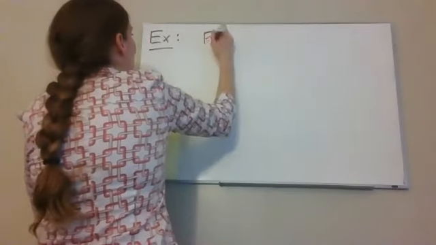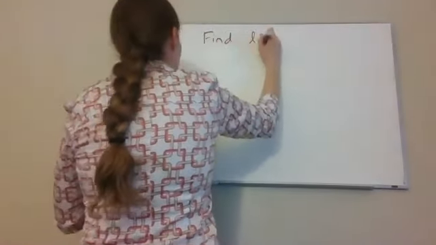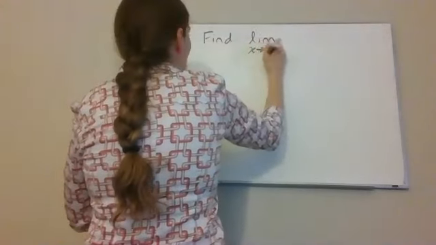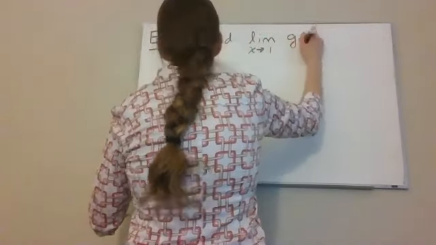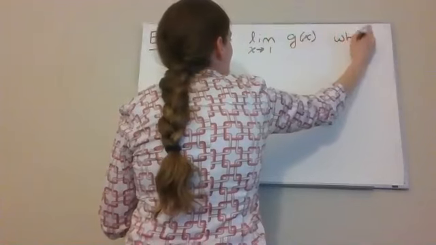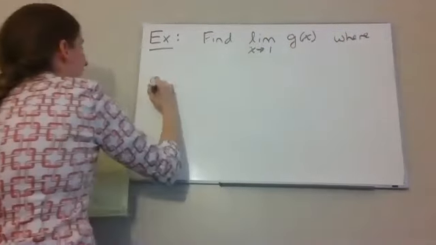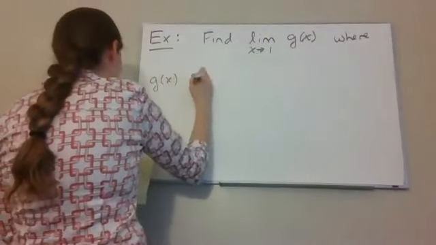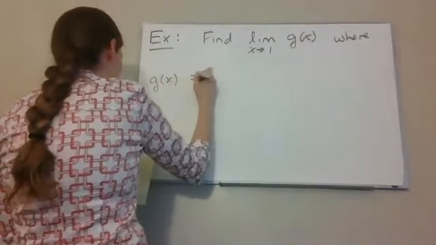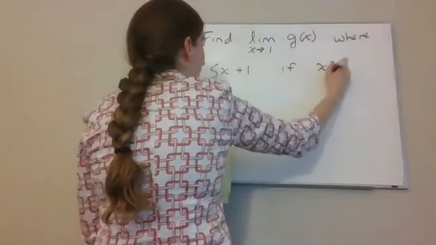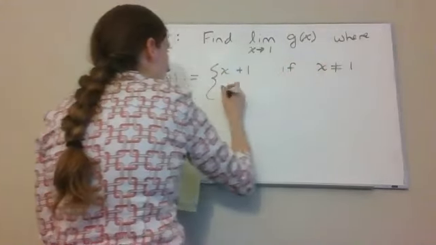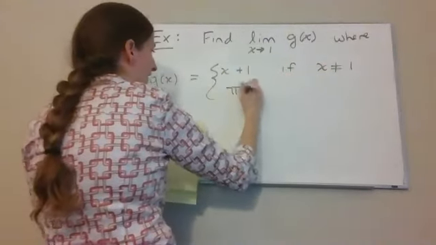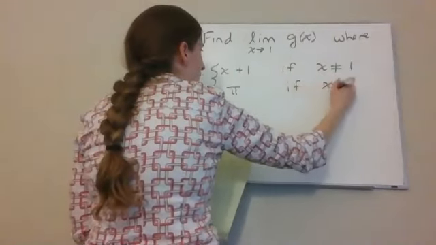We are going to find the limit as x approaches 1 of the function g, where g of x is a piecewise function. It is equal to x plus 1 if x is not equal to 1, and it's equal to pi if x is equal to 1.